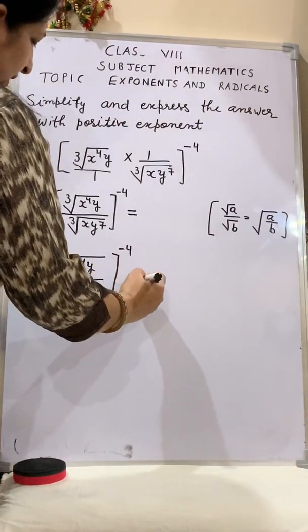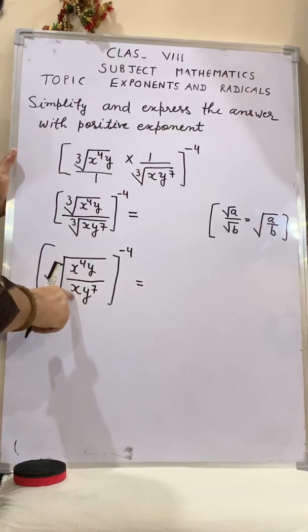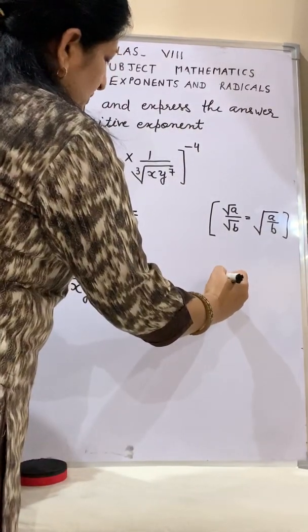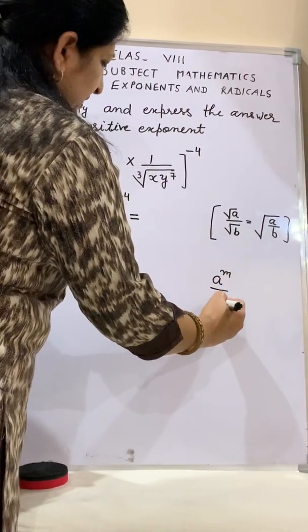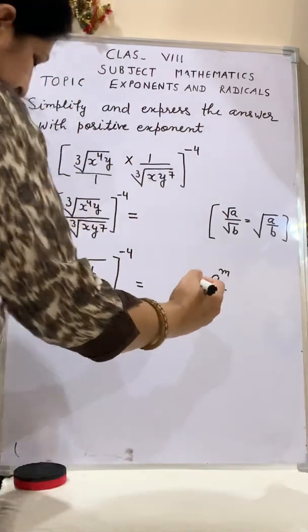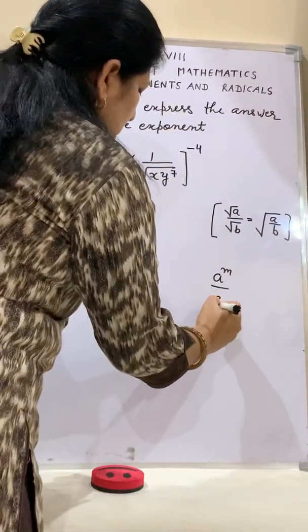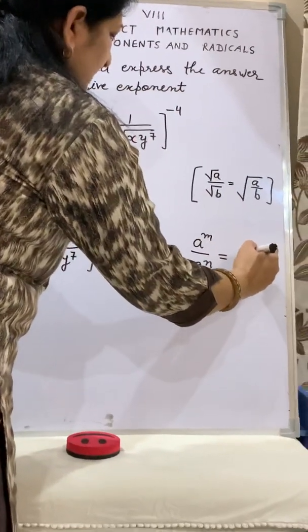Next step will be, here bases are the same in division. Here we will apply a raised to power m divided by a raised to power n. Bases are equal, then powers will be subtracted.